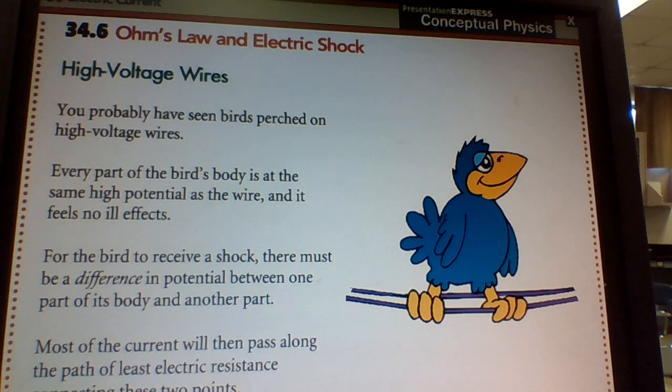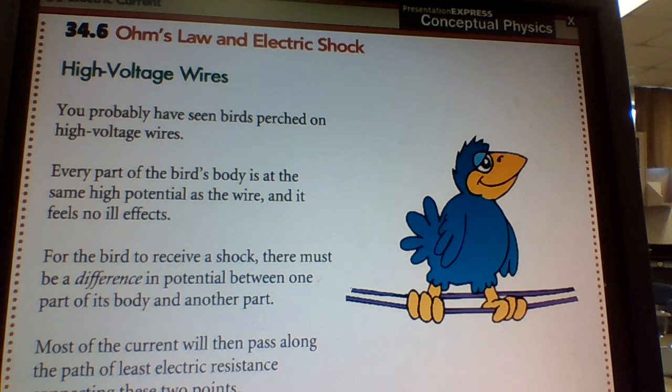So high voltage wires, why can birds sit on a high voltage wire? Well, it has to do with the fact that if you're touching just one wire, or maybe you're touching two wires that are at the same potential, there's no difference in potential between them. And so with no potential difference, there's no problem.